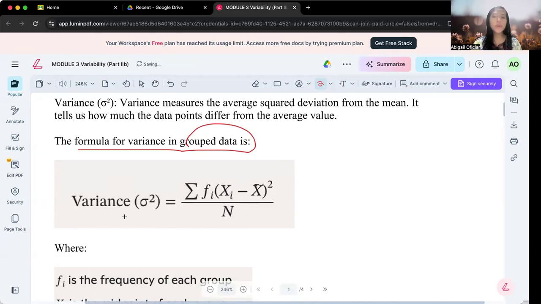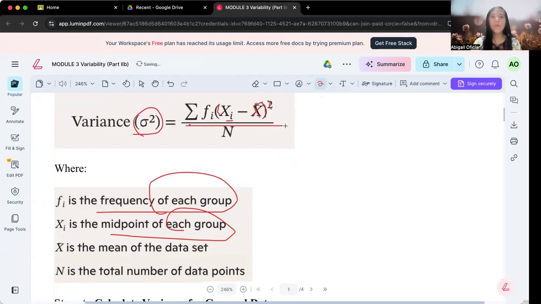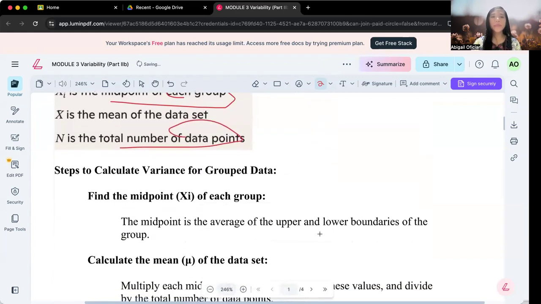The variance equals the summation of Fi, which is the frequency of each group, times Xi, which is the midpoint of each group, minus the mean. Then we have to square that, and over n, which is the total number of data points.